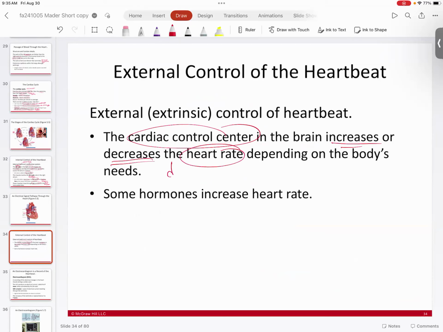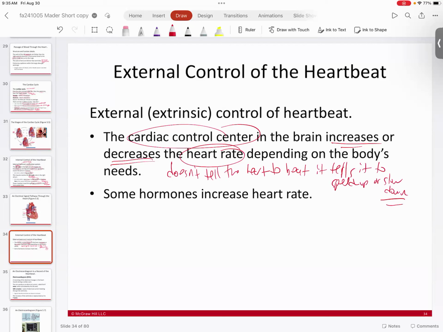So what these guys don't do is tell the heart to beat. It tells it to either speed up or to slow down.